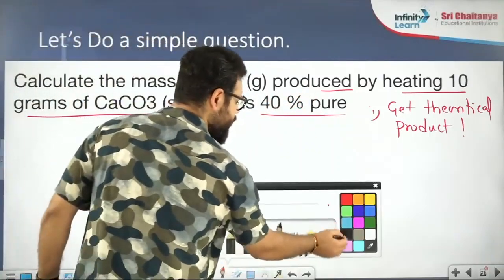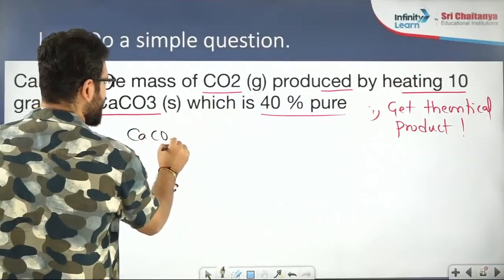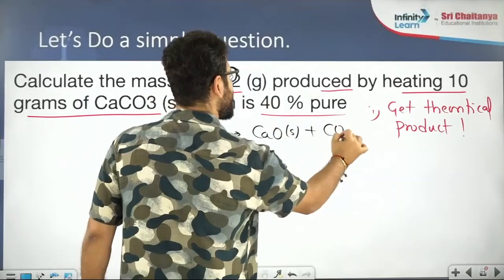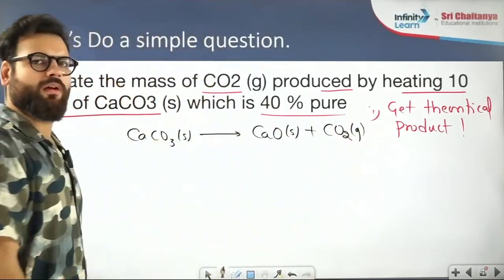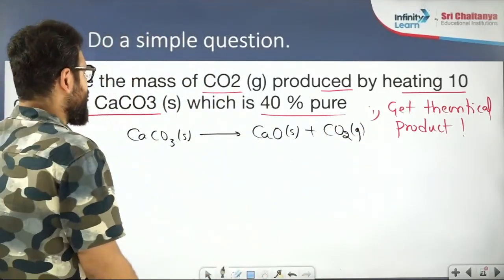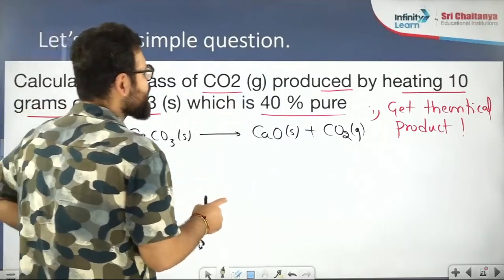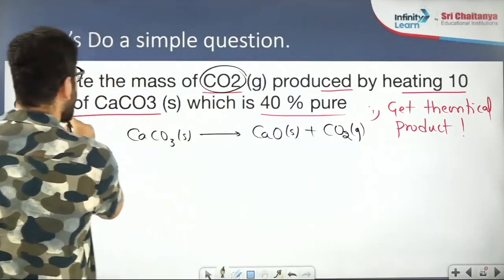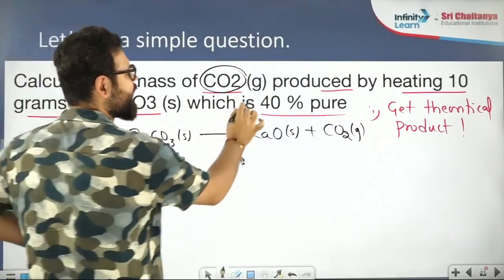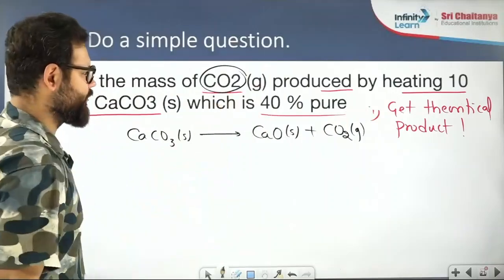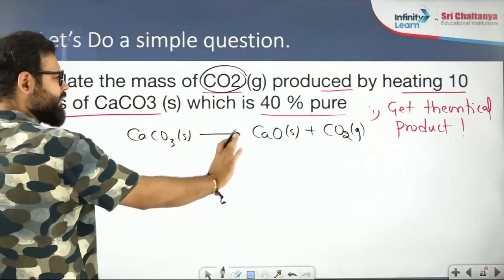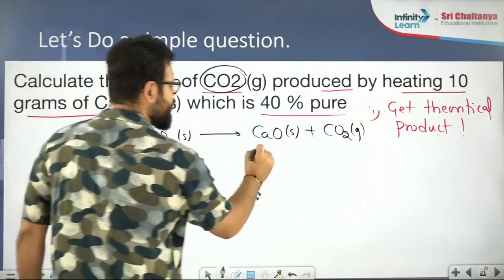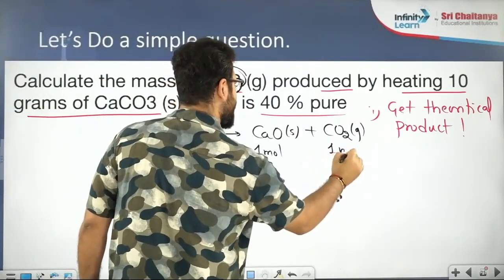So the reaction is CaCO3 on heating gives CaO solid plus CO2 gas. First I am finding the theoretical answer. That means I want to think how much mass of CO2 gas can be produced by heating 10 grams of CaCO3. I am thinking that purity is not given, percentage yield is not given. If everything is fine, then 1 mole gives 1 mole and 1 mole.